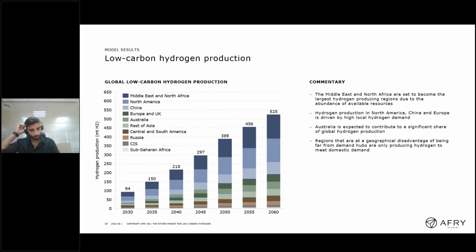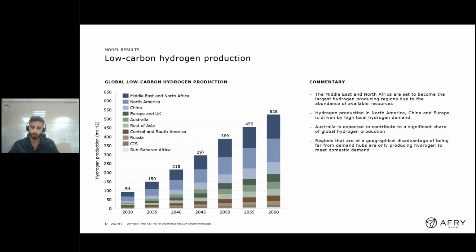So to begin with, the first output that the model produces is the hydrogen production in every region. As Brendan explained, the model optimizes production and allocates production to each region based on several factors. So the Middle East and North Africa are set to become the largest hydrogen producers.